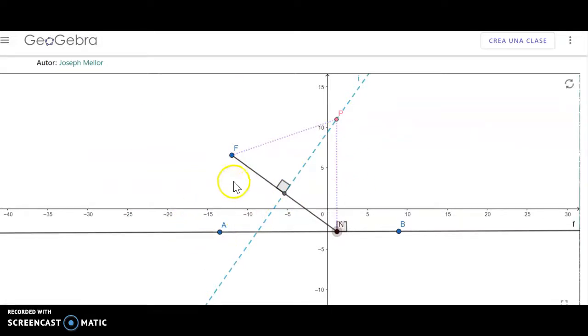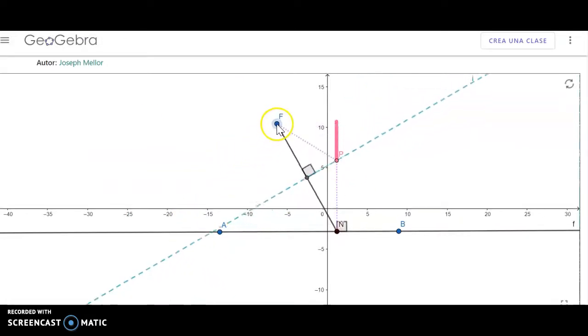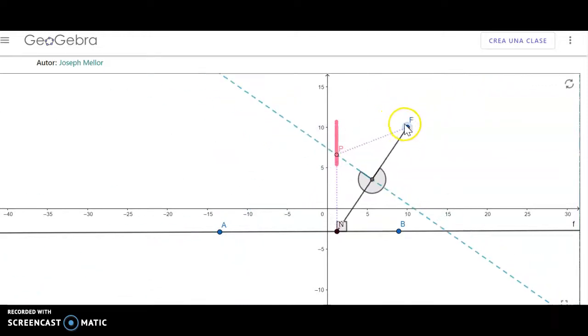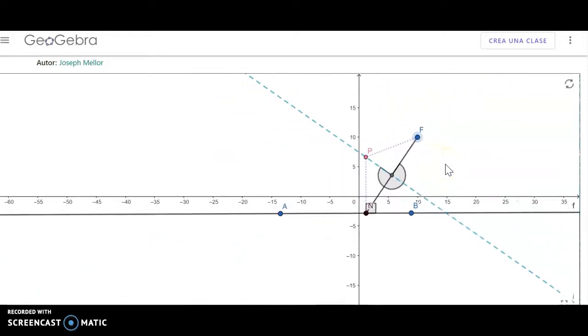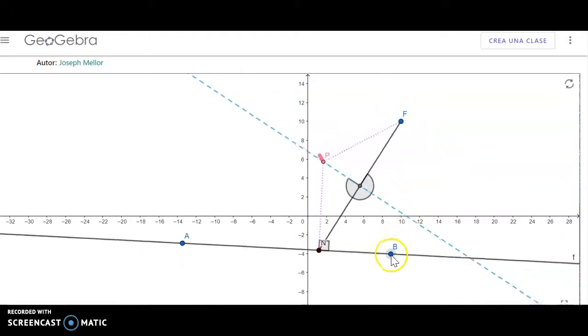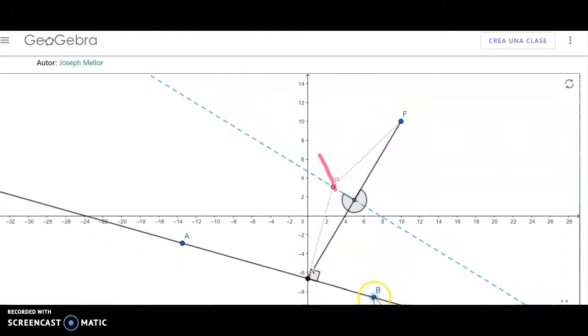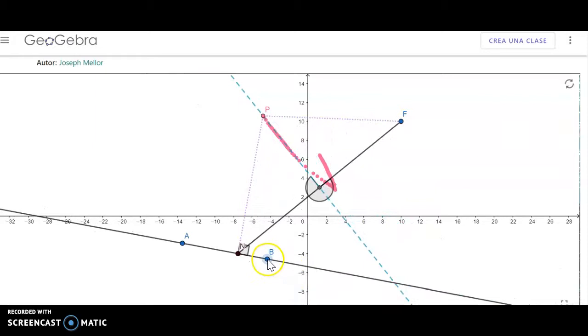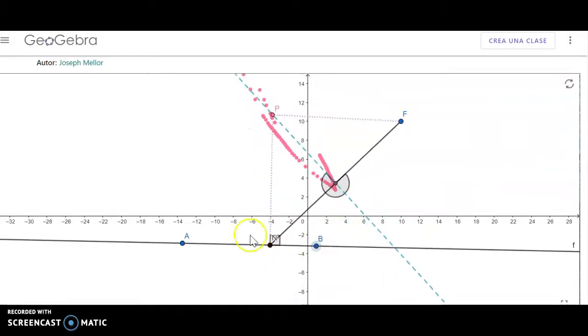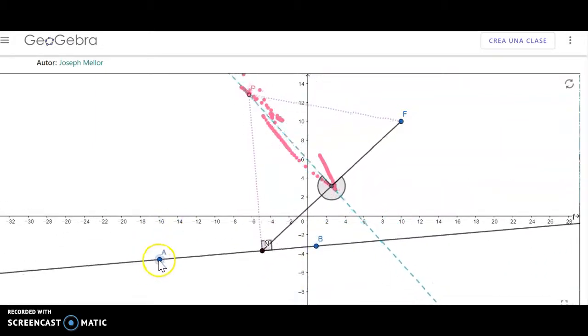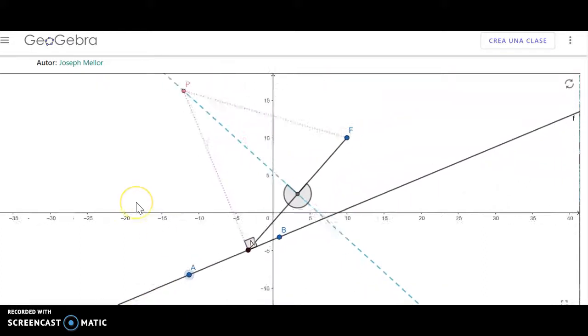For example, let's move point F to the other side. Let's refresh that. Move point B over here, maybe, and point A right there.